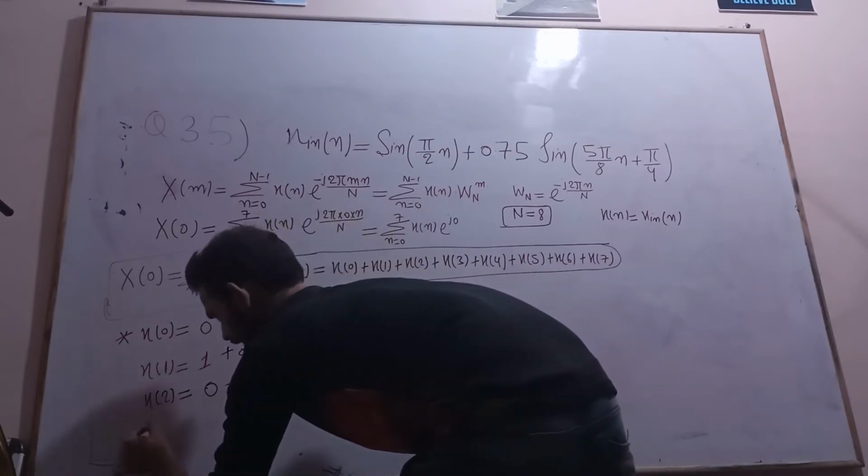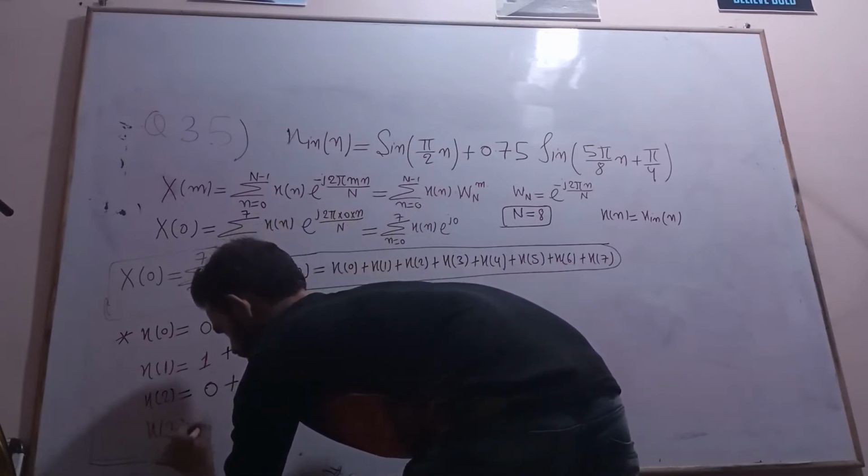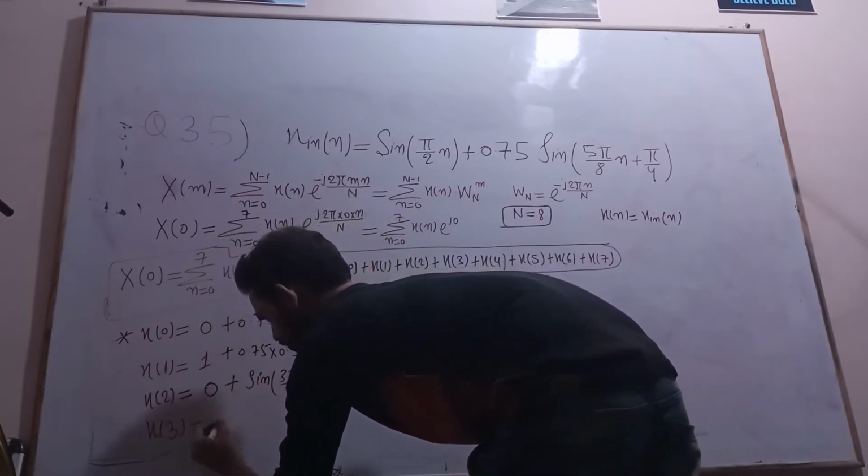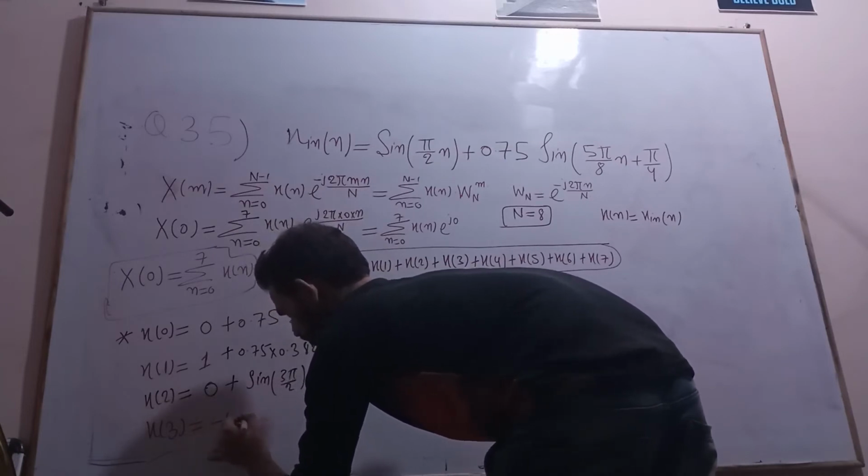Similarly, x of 3. Sine 3 pi by 2 is minus 1.